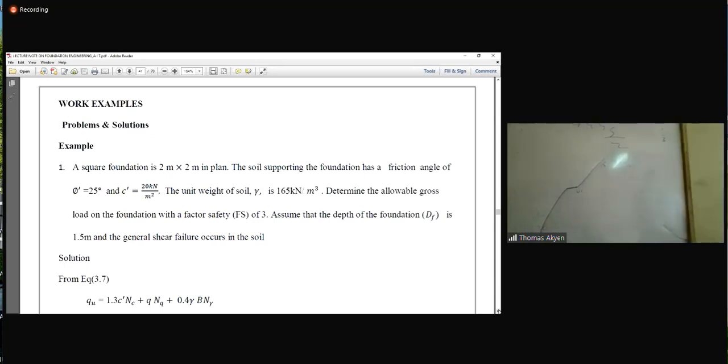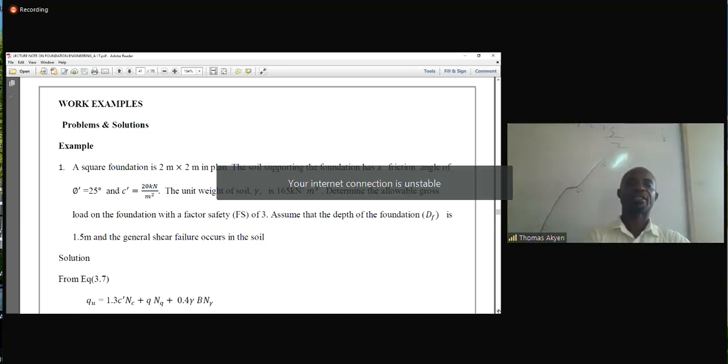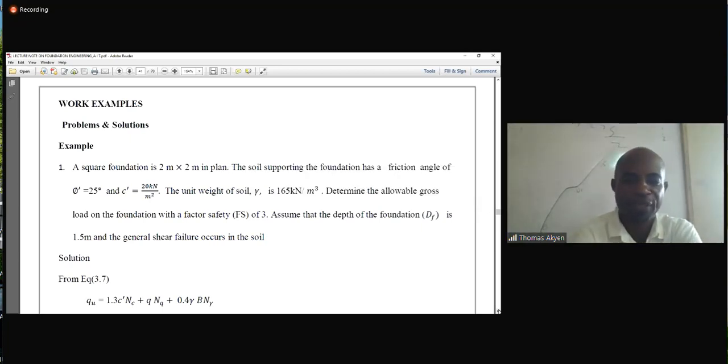So we have some worked examples over there where we have a square foundation of 2 meter by 2 meter in plan.